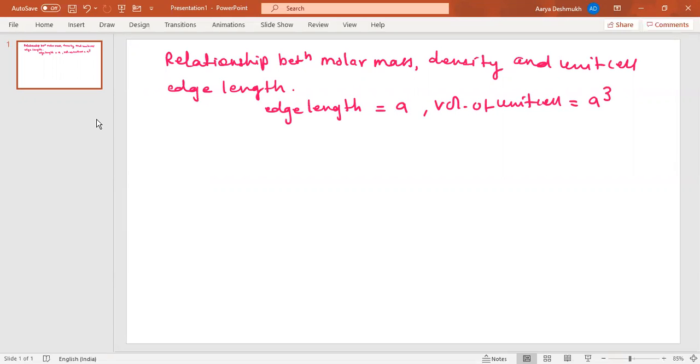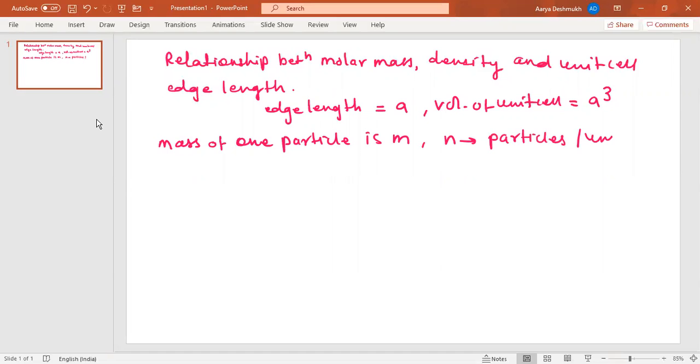Now suppose the mass of one particle is small m and there are small n particles per unit cell.